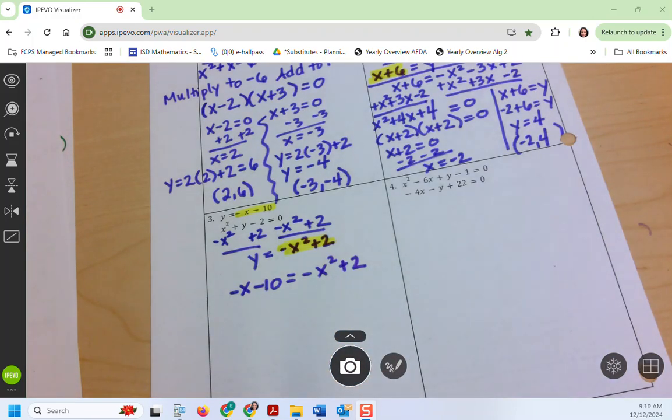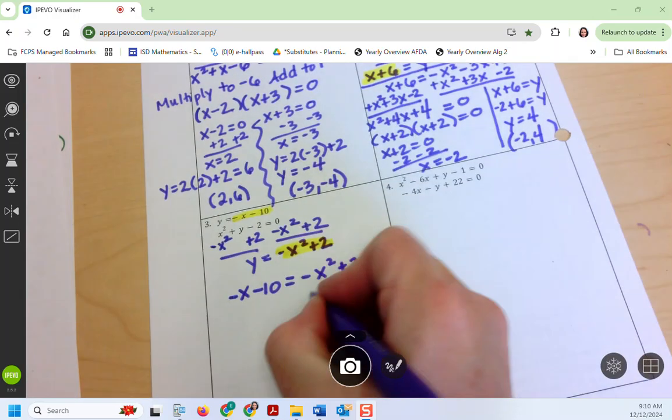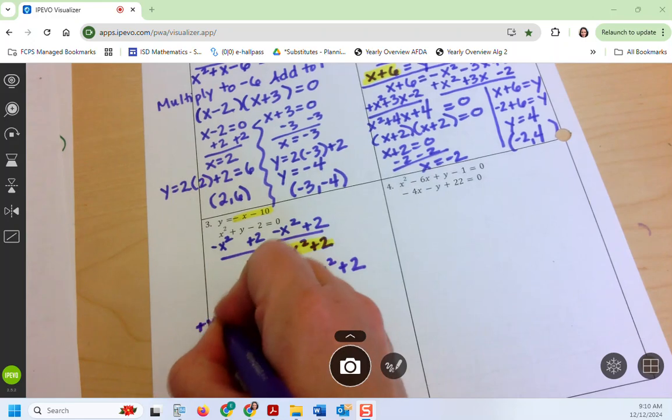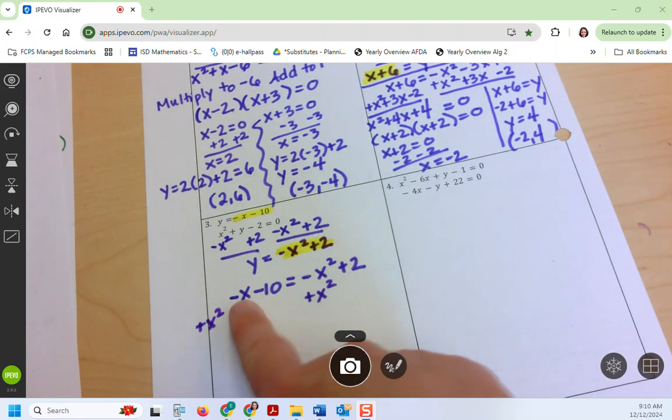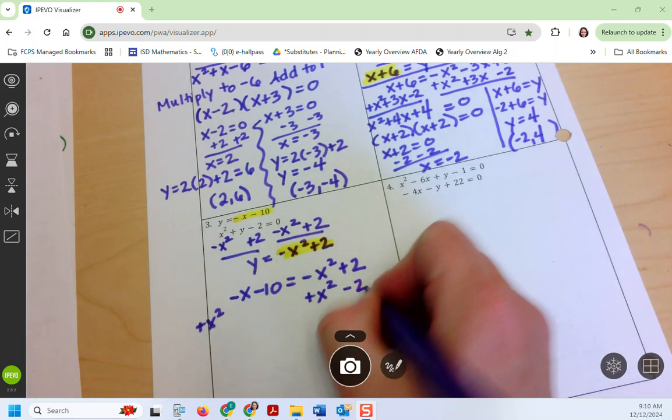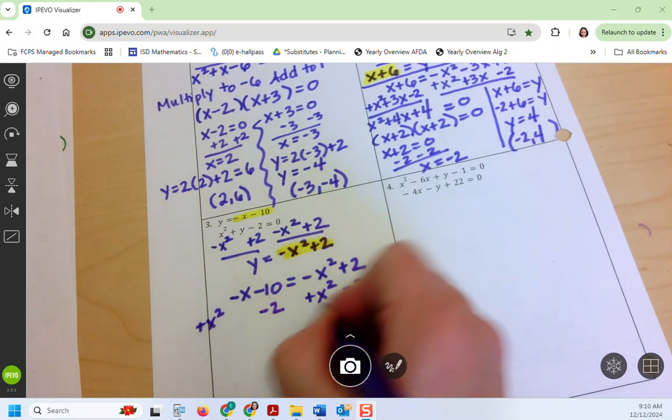I really want the x squared to be positive so I can factor easily, so I'm going to add the x squared to both sides. Now notice I didn't put it under the x because they're not like terms. And then I need to get rid of the 2 as well, so I'm going to subtract that and put it under its like term.